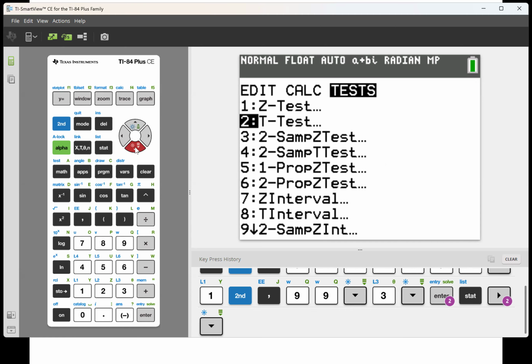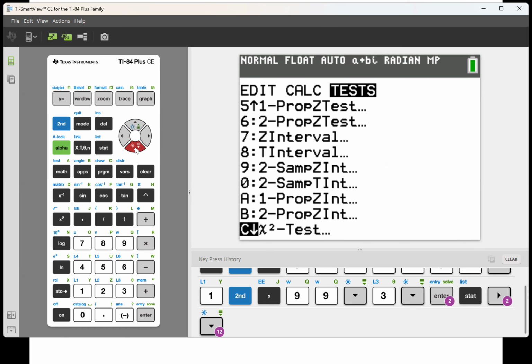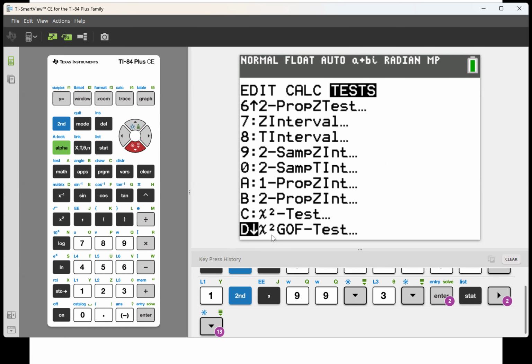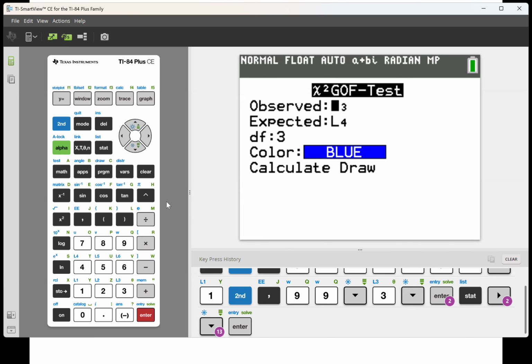I'm going to scroll down through my tests, and there it is, the chi-squared goodness of fit test. If I conduct that test, you notice that I have to put my observed values and my expected values in a list. So I have to put observed in one list and expected in another list, and then I can conduct this test.